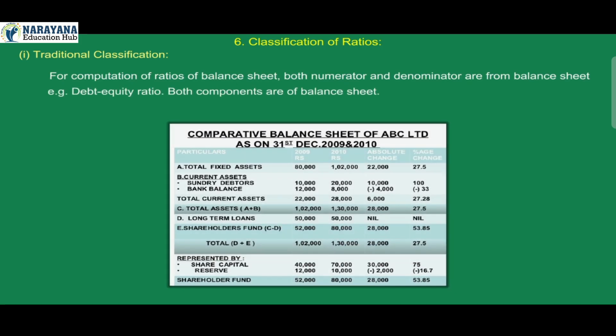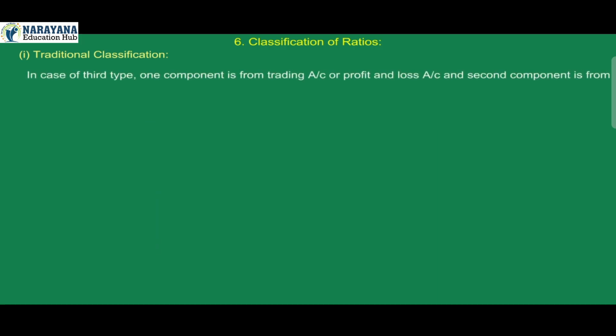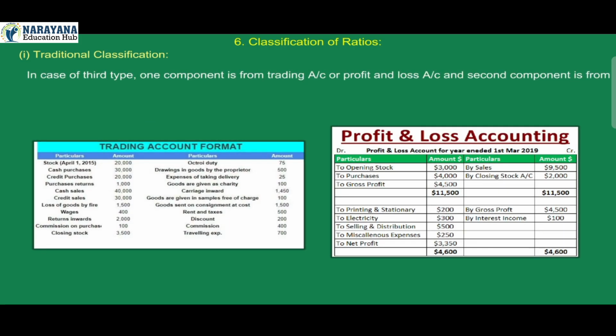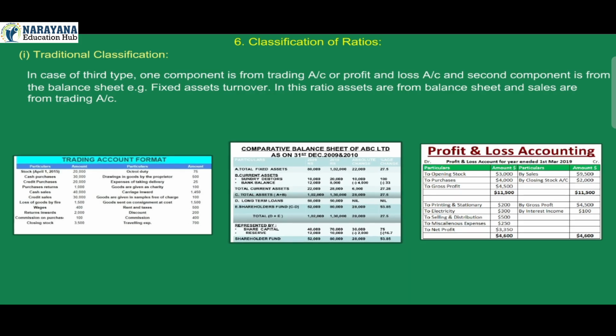Example, debt equity ratio. Both components are of balance sheet. In case of third type, one component is from trading account or profit and loss account and second component is from the balance sheet. Example, fixed assets turnover. In this ratio, assets are from balance sheet and sales are from trading account.